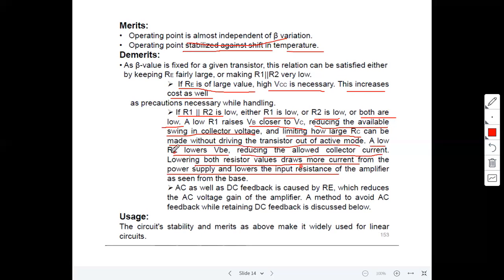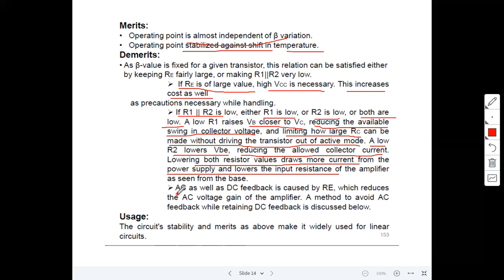If you choose low R2, input resistance reduces. If you choose low R1 and the base voltage increases, the transistor comes out of the active region. So we have to take compromised values.